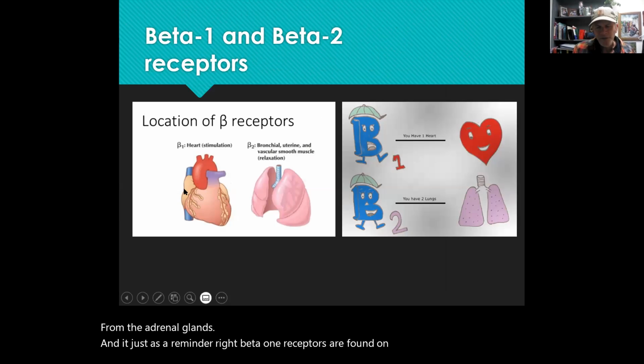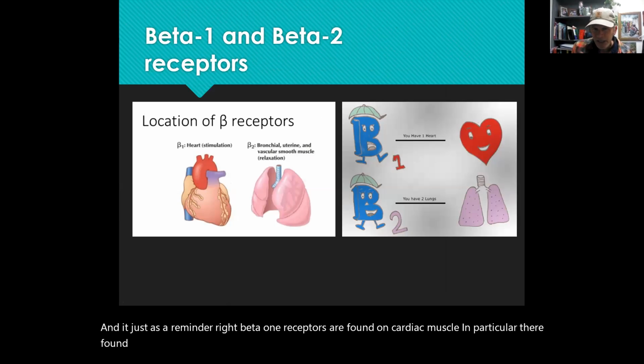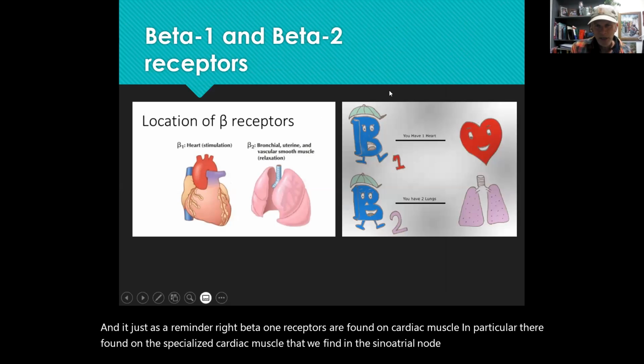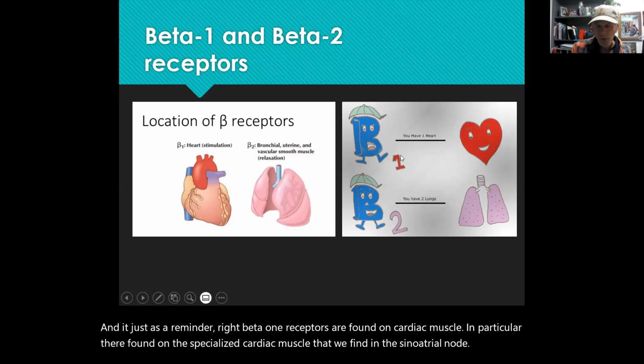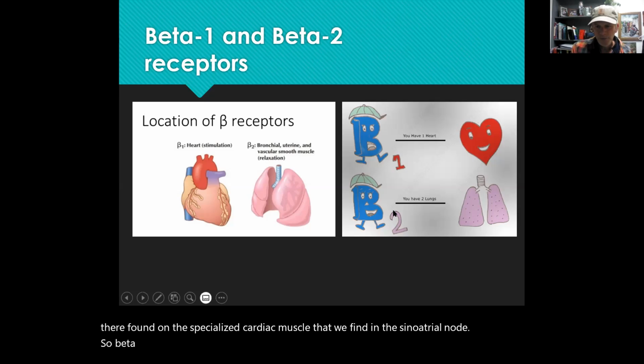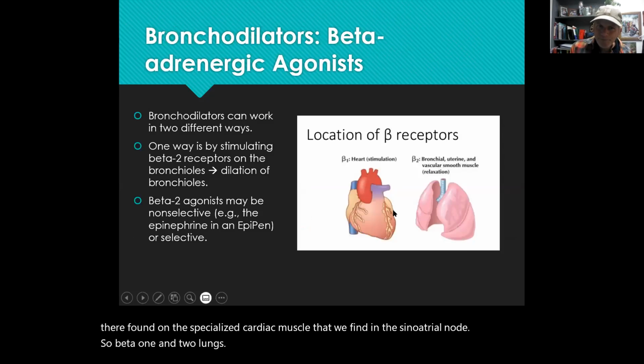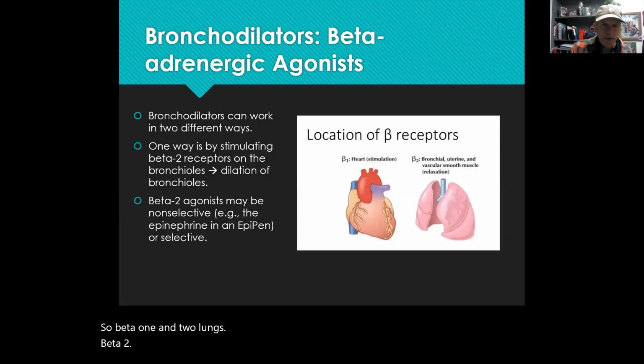In particular, they're found on the specialized cardiac muscle that we find in the sinoatrial node. But for today, we care about the beta 2 receptors. And to help you remember, you've got one heart, so beta 1, and two lungs, beta 2.